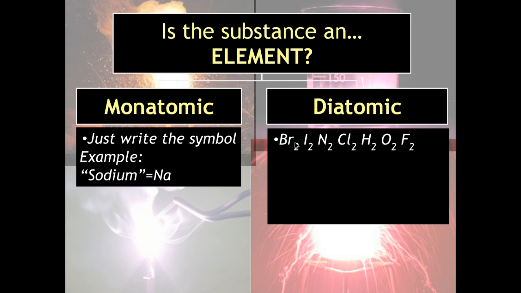You have bromine, iodine, chlorine, and fluorine, which are halogens. Then you have oxygen, which is right next door to fluorine. Then you have nitrogen, which is right next door to oxygen on the periodic table. And of course, hydrogen special hanging out over there on group 1 on the periodic table. But remember, whenever you see any one of these, they're always going to be diatomic. They're always going to come in 2.